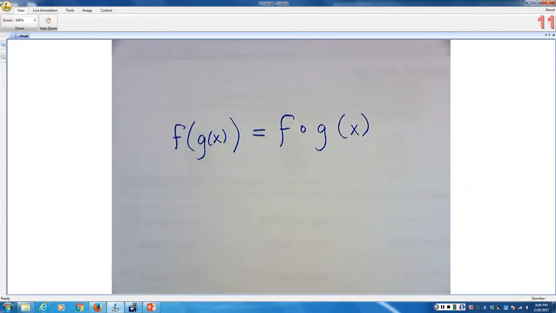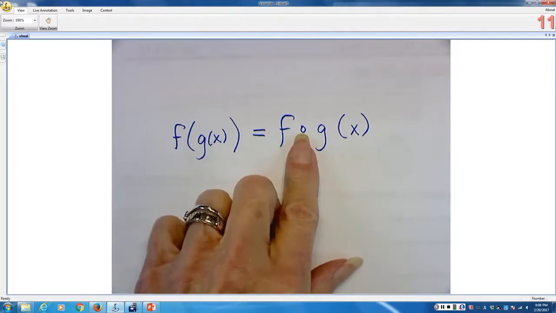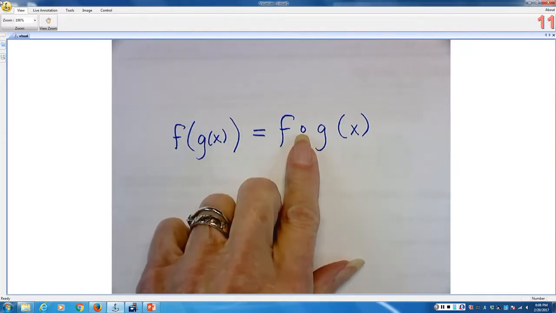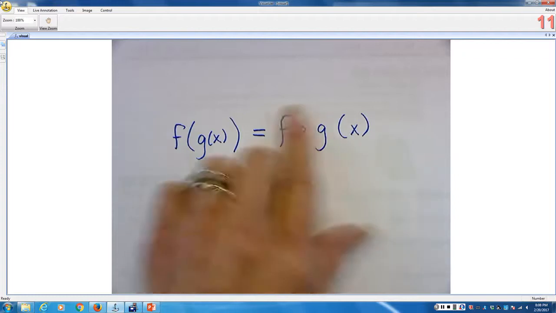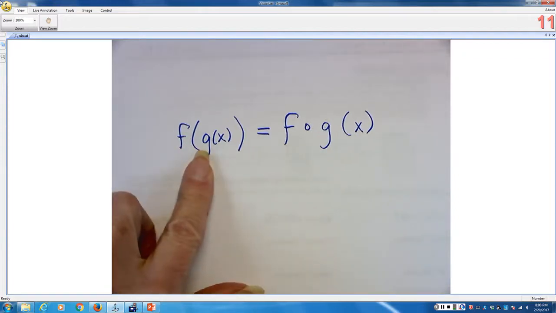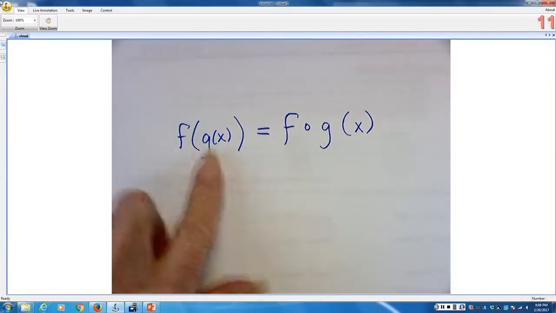I don't like that notation. I think it's confusing. People see that little circle and think, oh, that means multiply, which I would too. So if you see that, this is actually what they mean. And I think this makes much more sense.